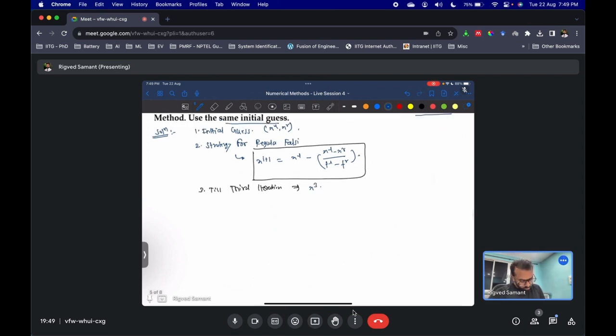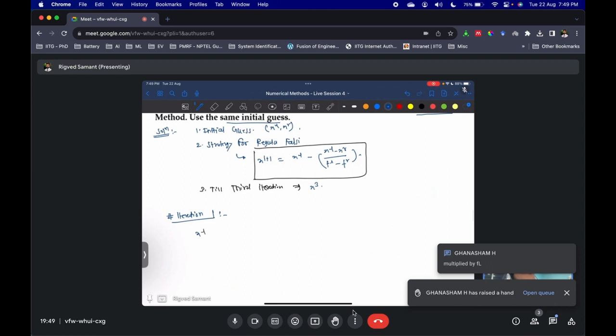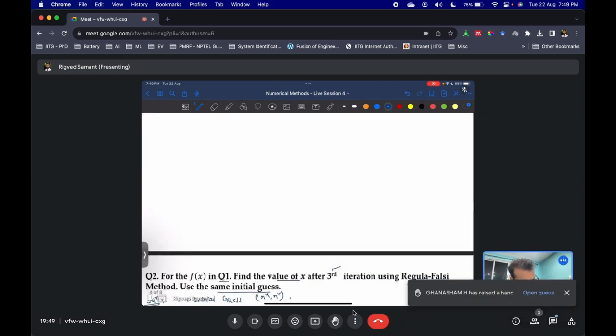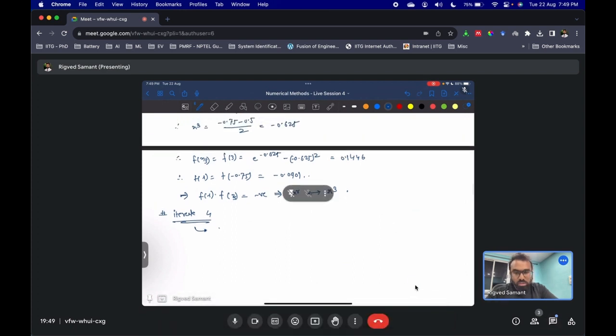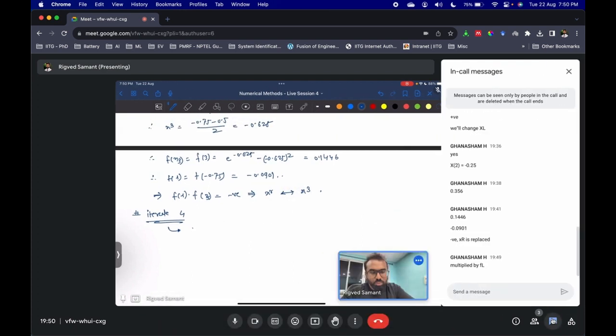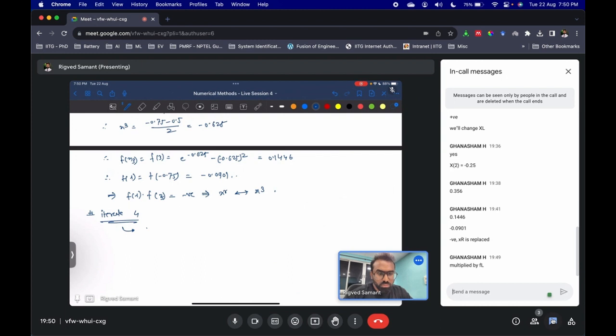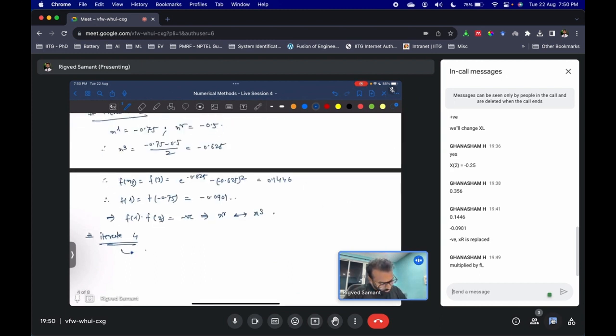Okay, so we'll start. For iteration 1, xl is the same initial guess, right? So minus 1 and 0. If you have any doubt, you can just post it. Yeah, multiplied by FL, right? I missed FL?